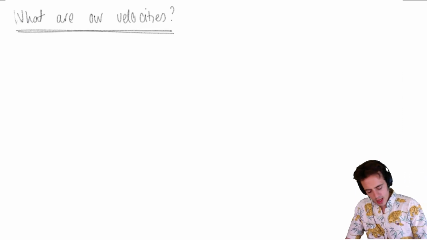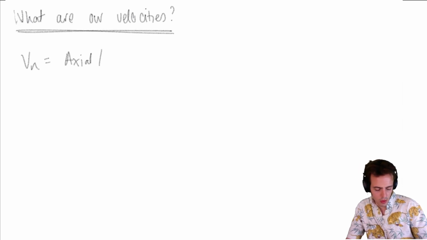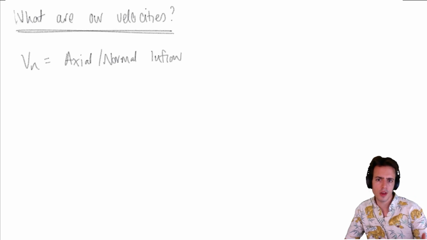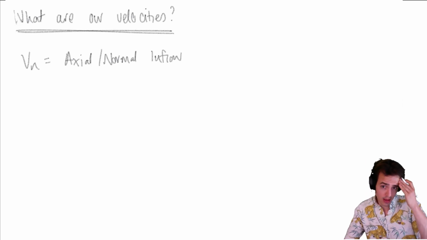So our first one is Vn. This is our axial or normal inflow. This is a function of the velocity that's coming into the propeller, which is the incident velocity, and then the increment that's added because of the propeller itself. We're going to make the assumption that we've got uniform flight speed for the moment.